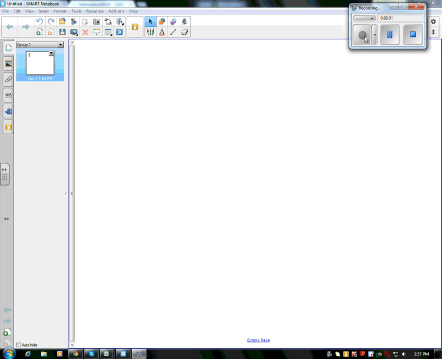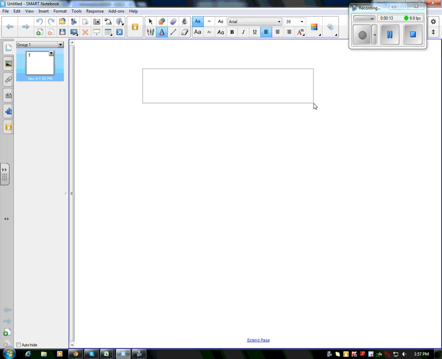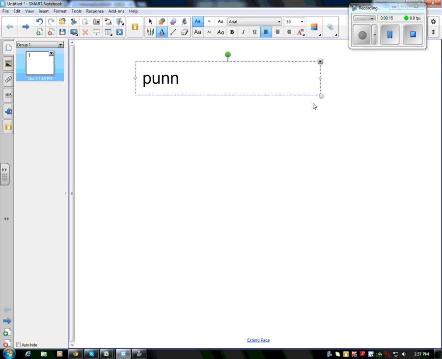All right, a very basic object that we could use to work on simple genetics is called a Punnett square. Okay, a Punnett square.